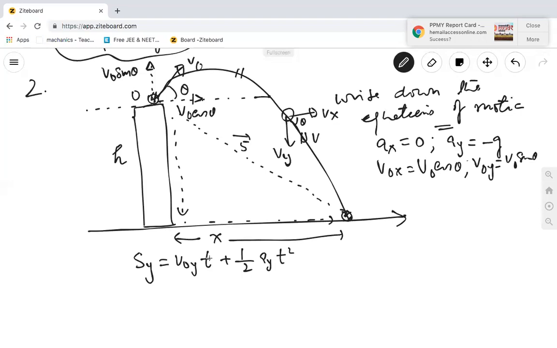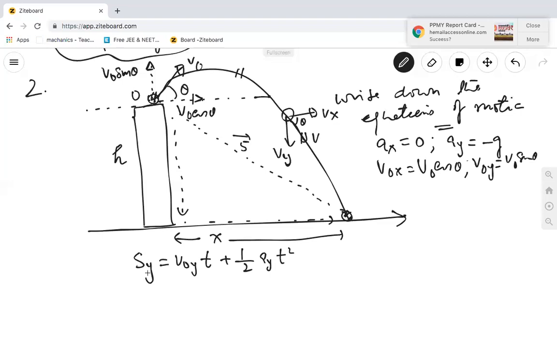And what is t? The time it takes to come down, from here back onto the ground. Because h is the total vertical displacement when the particle hits the ground, so it is the total time from here to here in which the particle has covered the vertical displacement h.